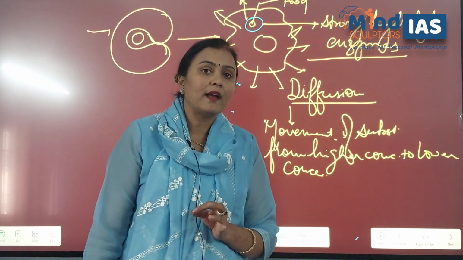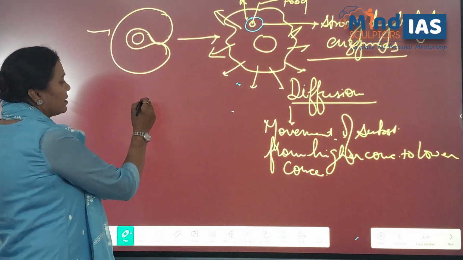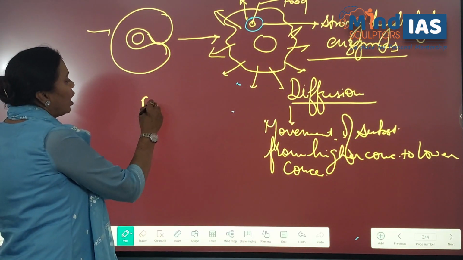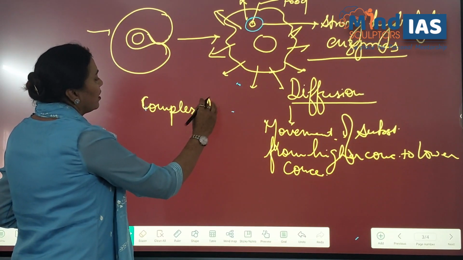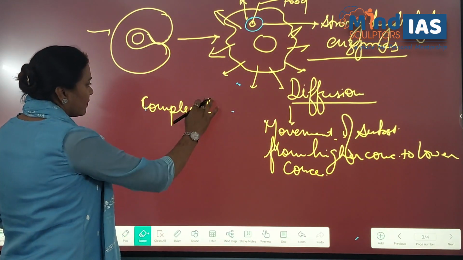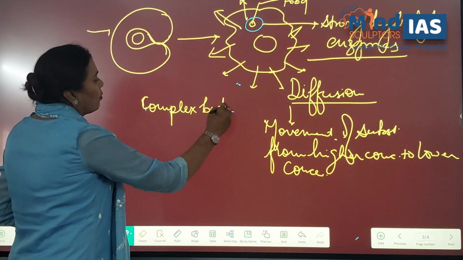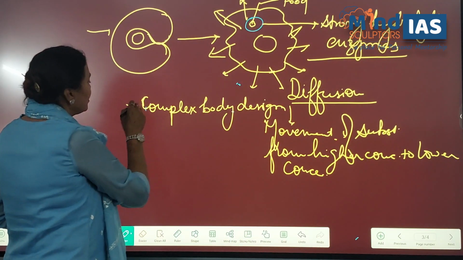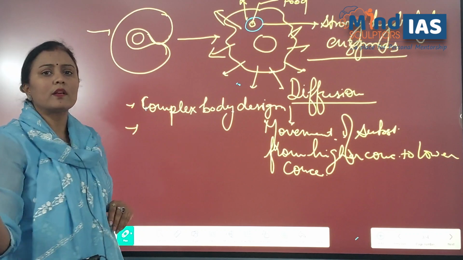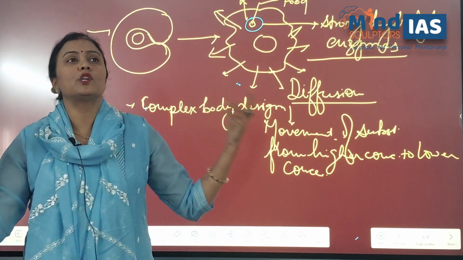There are two reasons. First, in multicellular organisms we have a complex body design, because cell, tissue, organ, system and then organism, so many things collectively form such a huge organism.